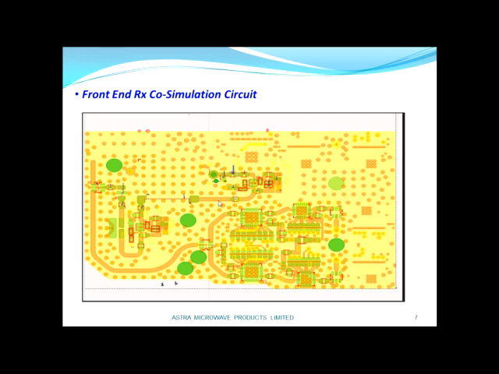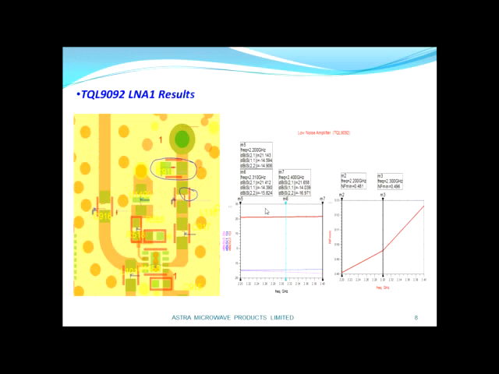Then I simulated individually the low noise amplifier, the filter and the other components which are in the cascade in our system. If you can see the low noise amplifier results, the gain is 21.1 dB, the noise figure is 0.48 dB, and the input and output return loss are better than 14 dB.